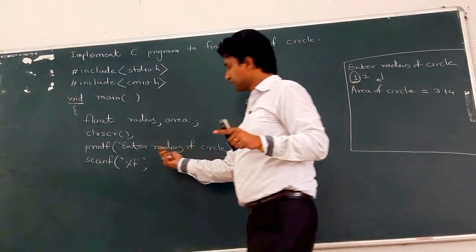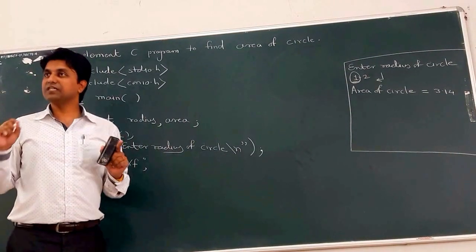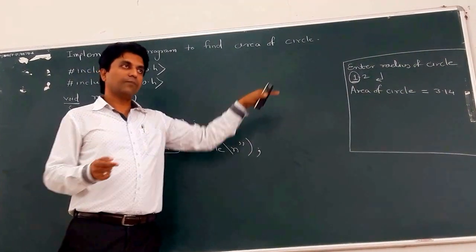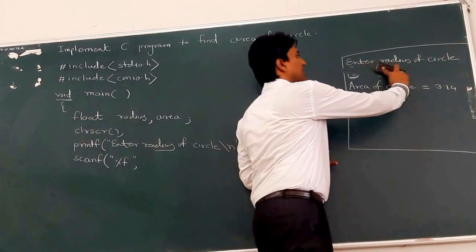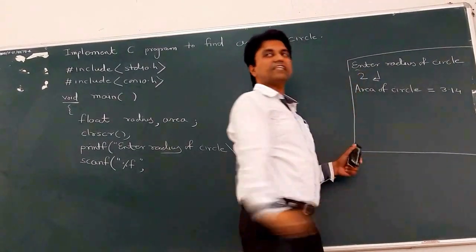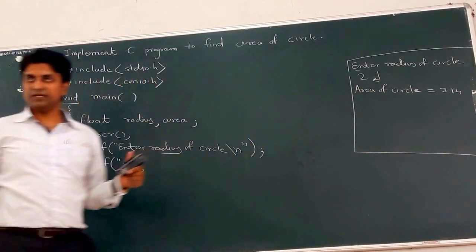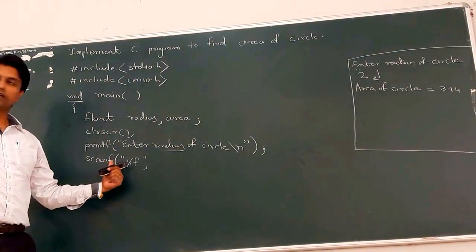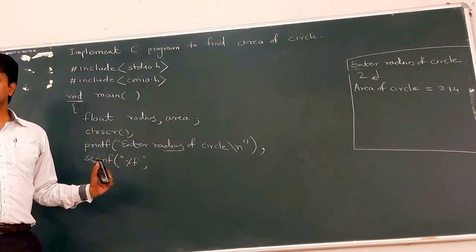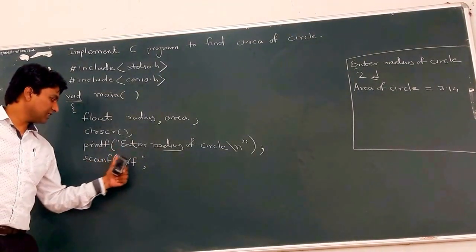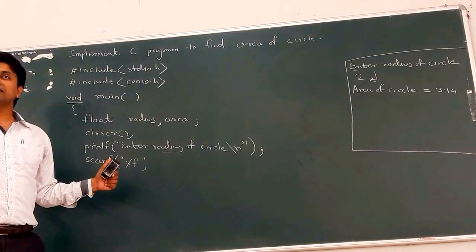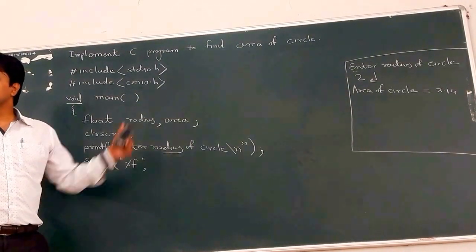And if you write percentage f, then it is treated as float. If you enter only an integer value, it is treated as 2.0. Understood? So percentage f is for taking a floating value from the user.